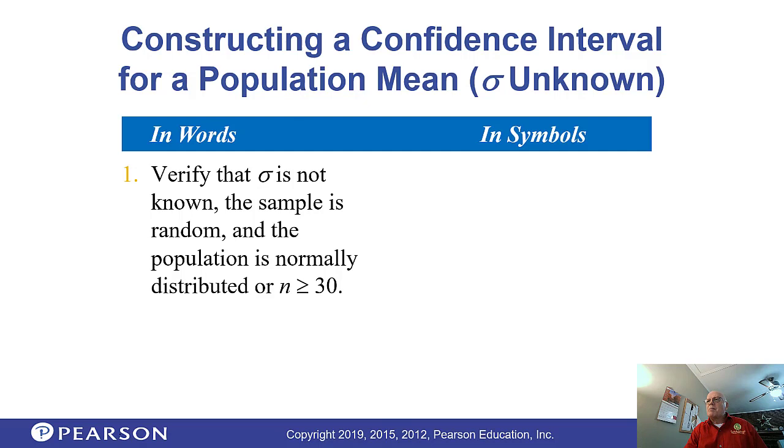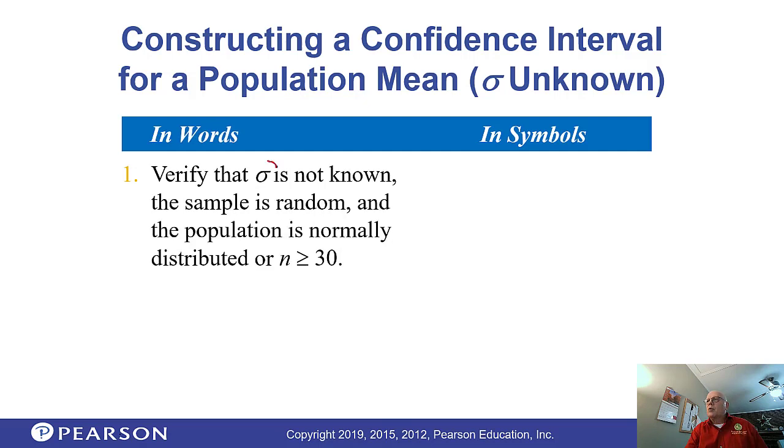To make some steps, make sure first, or check, that you don't know the population standard deviation, but the sample is random, and either the population is normally distributed, in which case you're home free, or for your sample, if the sample size is greater than 30, you still can assume that everything is normally distributed.